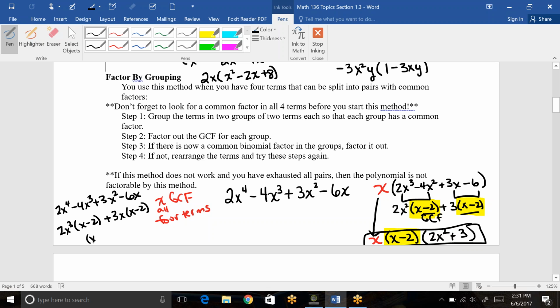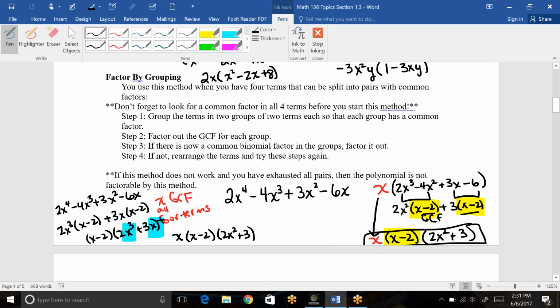And notice that when you bring this together, you have a common factor inside this second binomial. We don't like that. That's not completely factored. So you would have had to catch it at the end and pulled that out to the front, that they both had an x in common. And then you would reduce it by an x in each of those. So you have to just be really careful.